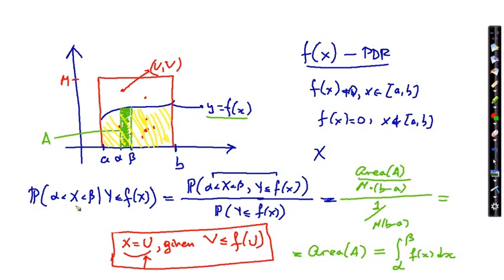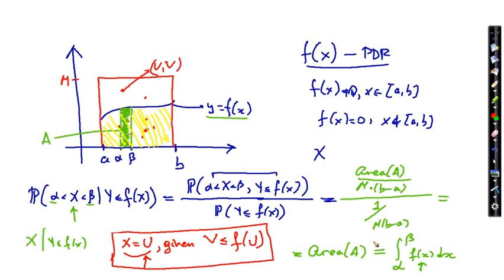So if I'm calculating the probability that x is between alpha and beta, this conditional probability is calculated by integrating f. Then the conditional distribution of x, given that y is less or equal than f of x, will have the PDF f.